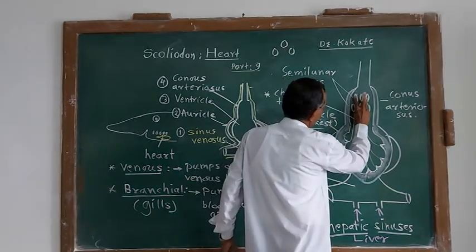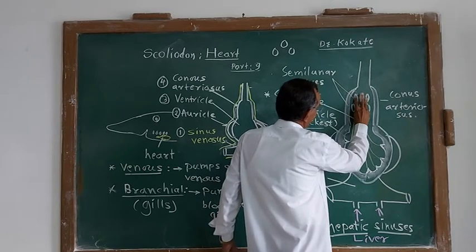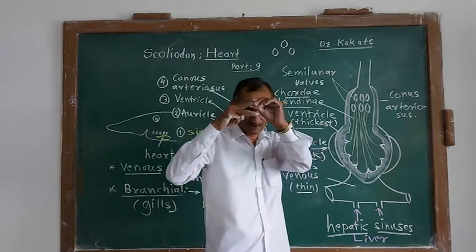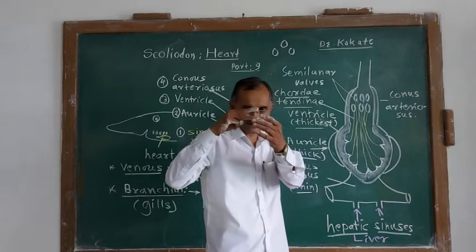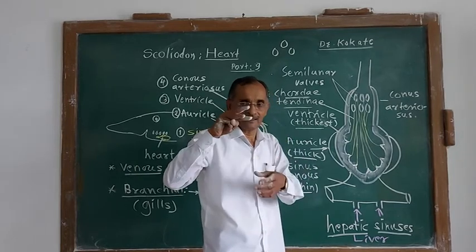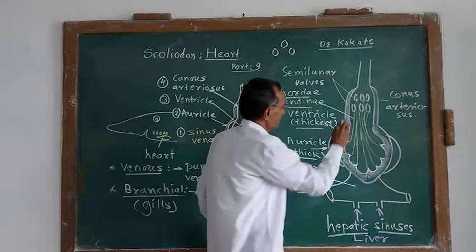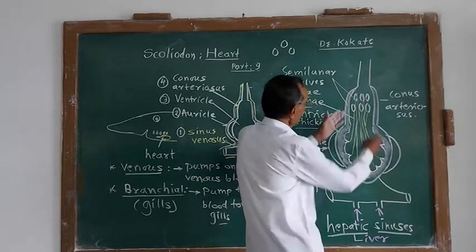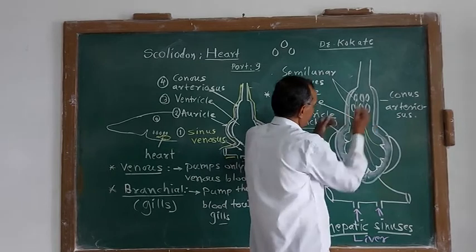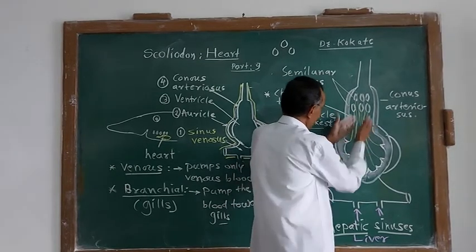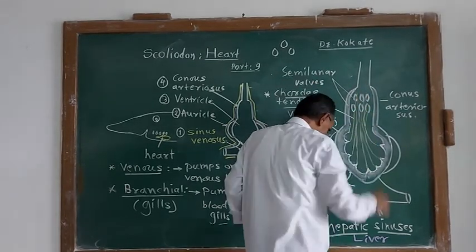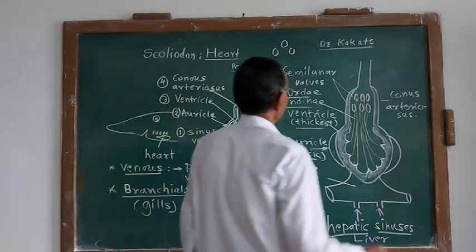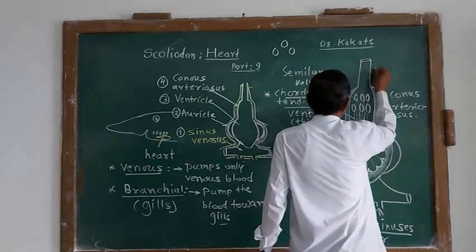We have drawn these three valves this way, but one is slightly up, in the mid-dorsal position, and two are at the lateral sides. In this situation these valves are present and they are operated by the chordae tendineae. The conus arteriosus is a conical compartment into which the ventricle opens, and it continues in front as the ventral aorta.